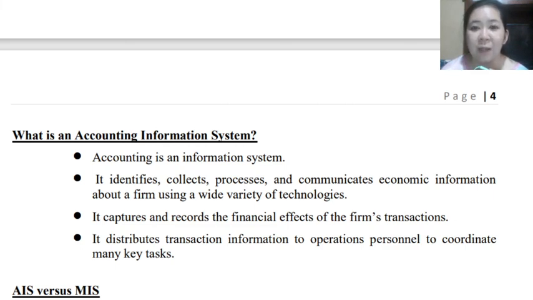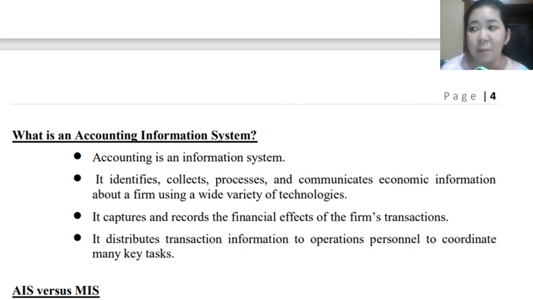But you know the steps, okay, but the proper process, the documents that need to be used, as well as how the information should be collected, okay, and transformed into reports. Okay, so that's where your accounting information system will come in.